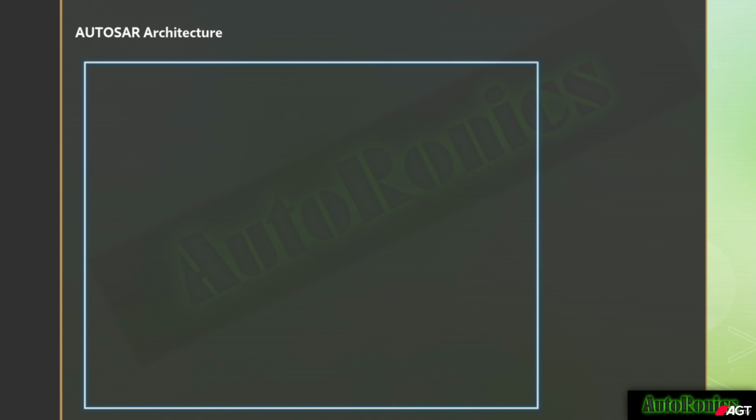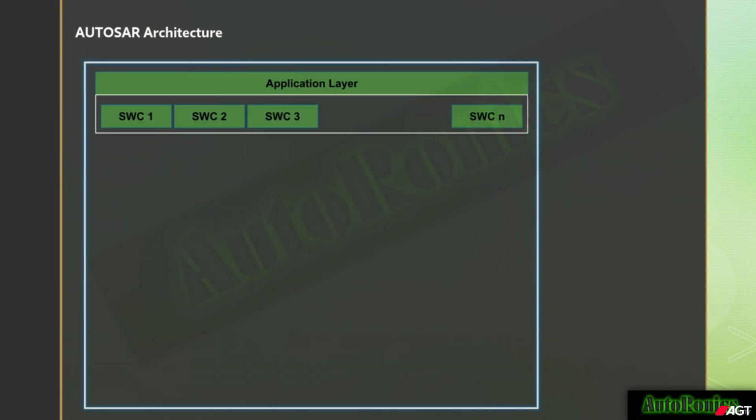Let's see the different layers in the AUTOSAR. The first one is the application layer, which is the topmost layer of the AUTOSAR software architecture and supports custom functionalities. This layer consists of specific software components, which are referred to as SWC. These SWCs are applications such as AEB.